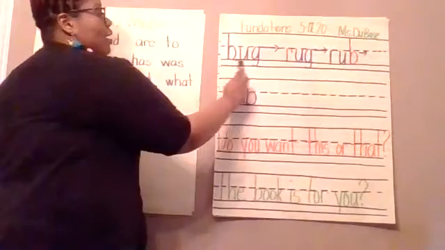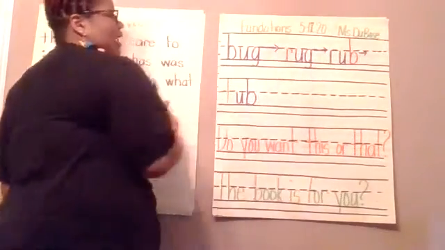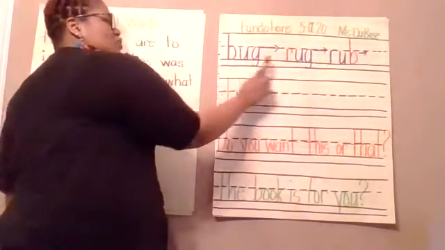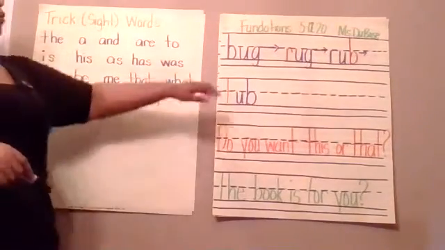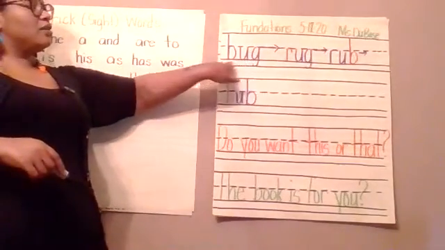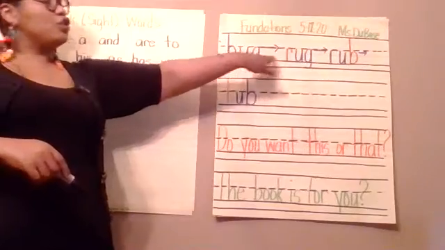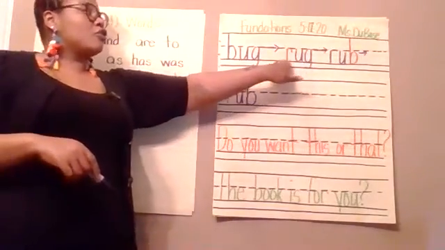I went from bug to rug by changing the B to R. Okay? So we have bug, bug. Then we go to rug, rug.